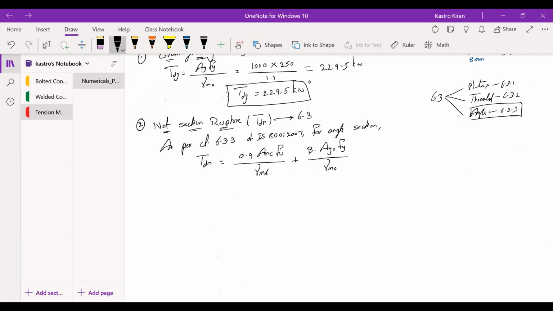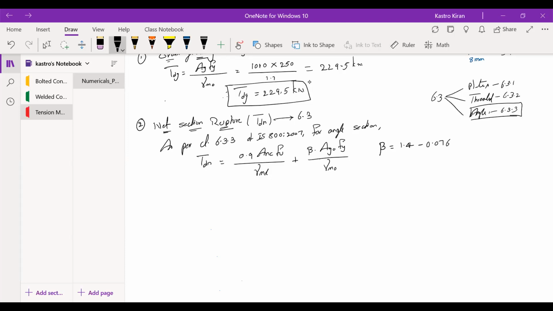Again, if you want to calculate the value of beta, you have another formula. I'll write it here so that it will be easy. Beta equals 1.4 minus 0.076 into w by t into Fy by Fu times bs by Lc. Please refer to clause 6.3.3.